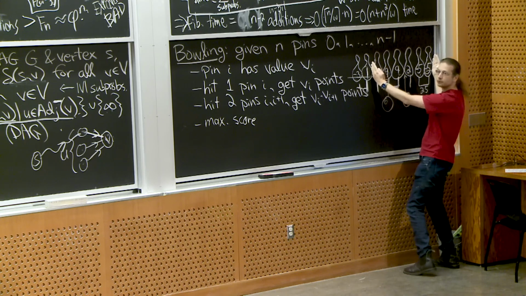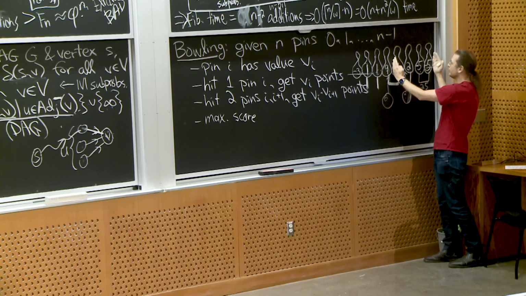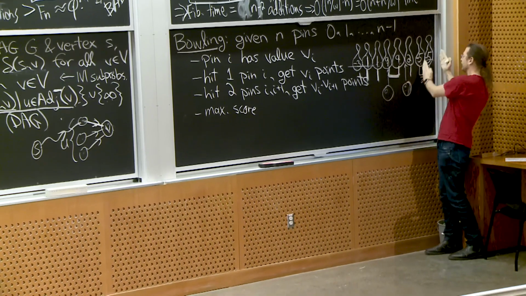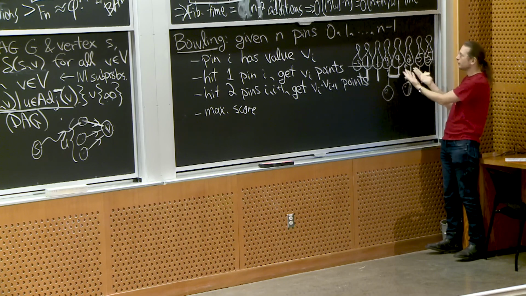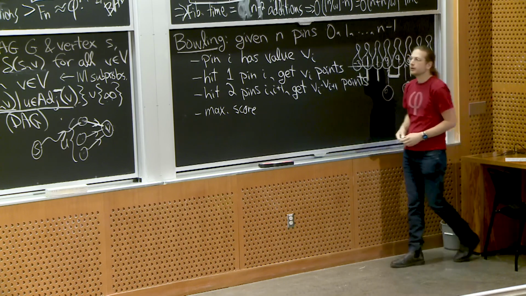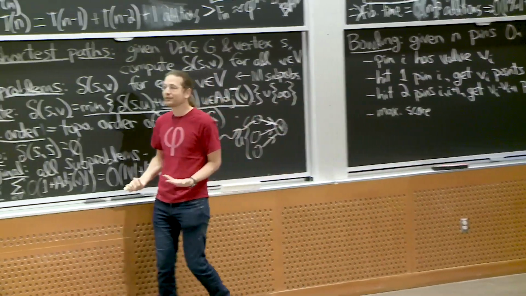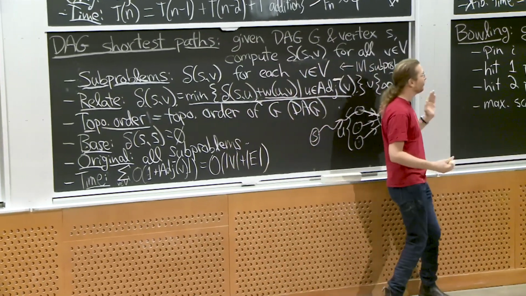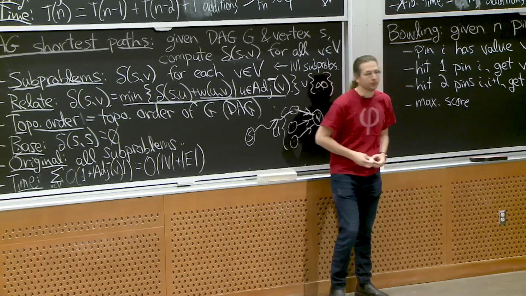How would I maximize my score on the remaining pins? There are some weird subproblems here. If I just gave you the last pin, what would you do? Nothing. That's clearly different from what I would do globally. But I claim if I can solve all suffixes, I can solve my original problem, because one of the suffixes is the whole sequence. So let's do it.